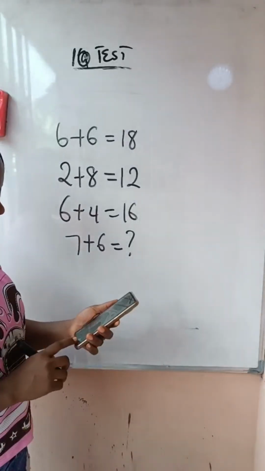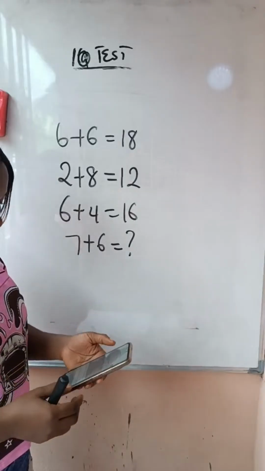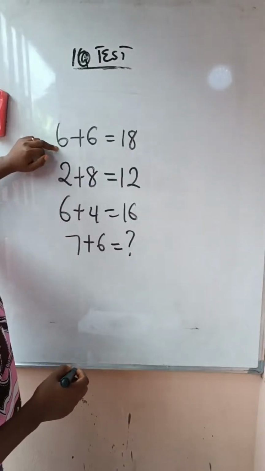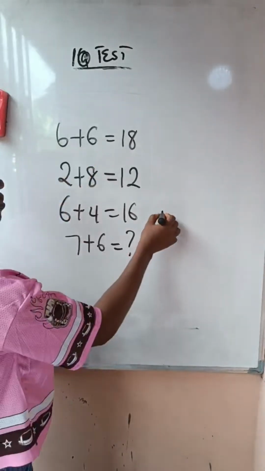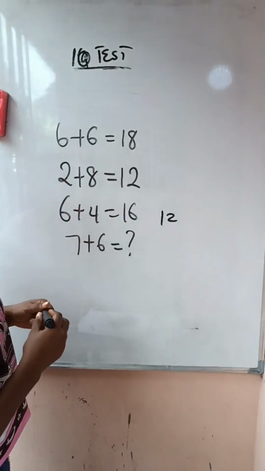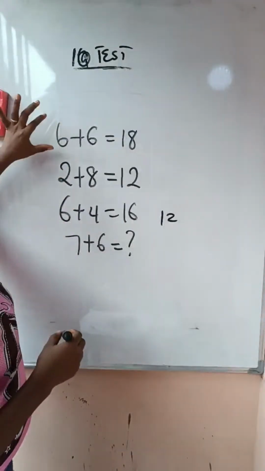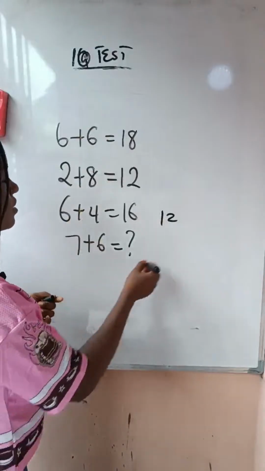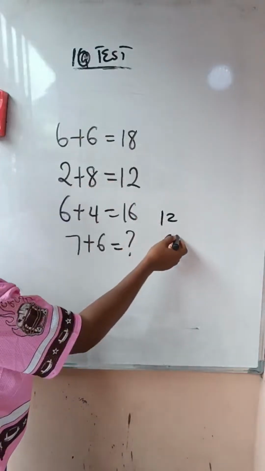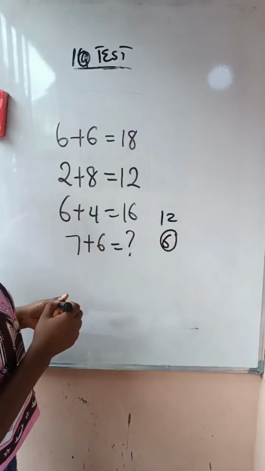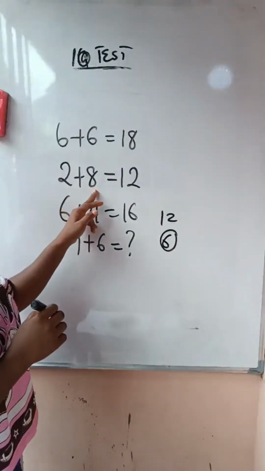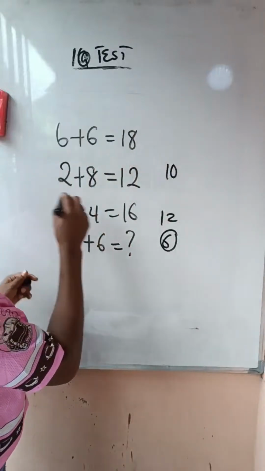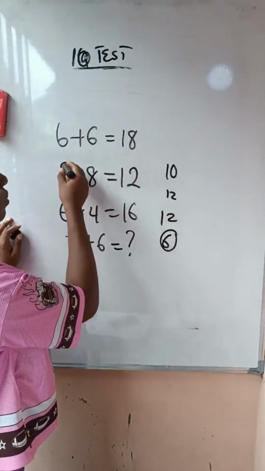So the pattern to develop here is this. 6 plus 6 will give us 12. So what was done to get this 18? You can see that the difference between 12 and 18 is 6, meaning that we are losing 6. So if you do the same thing here, 2 plus 8 will give us 10, but what we have here is 12, meaning that we are losing 2.